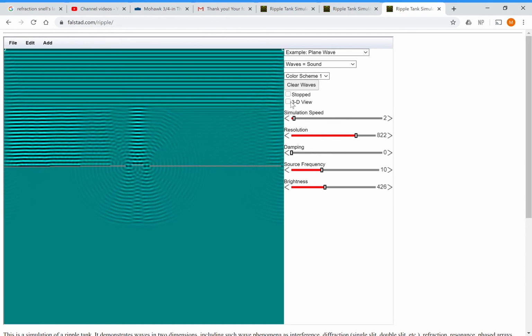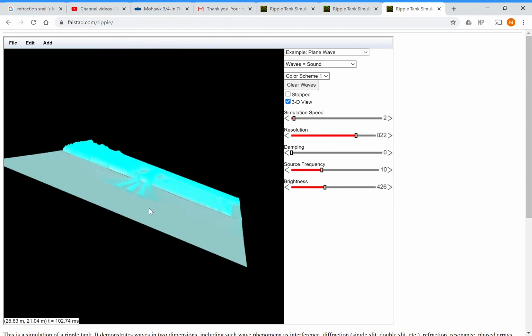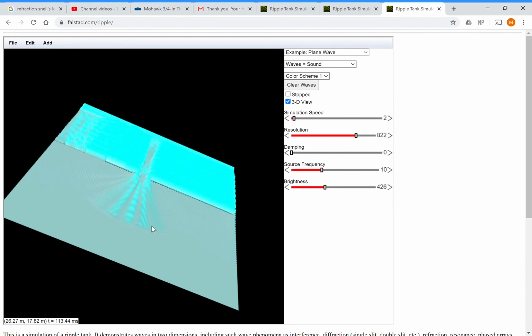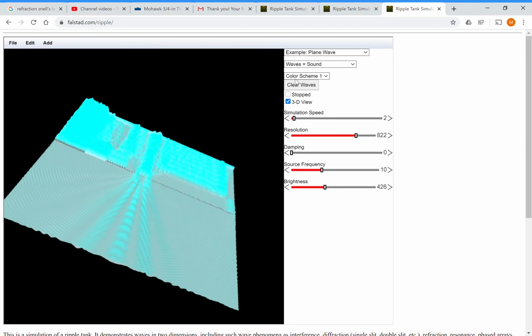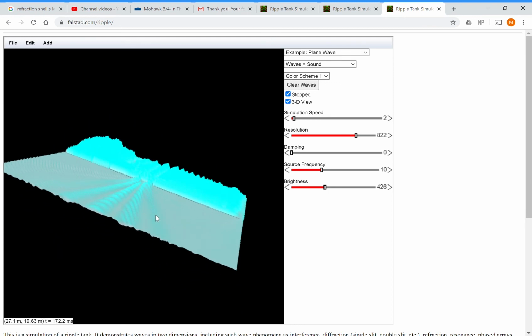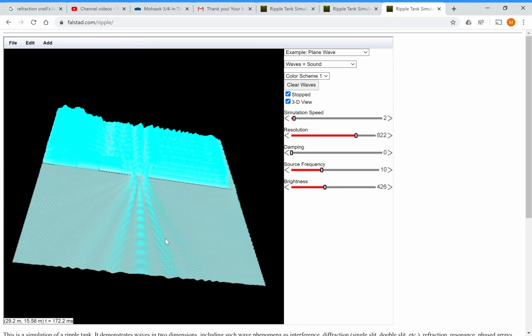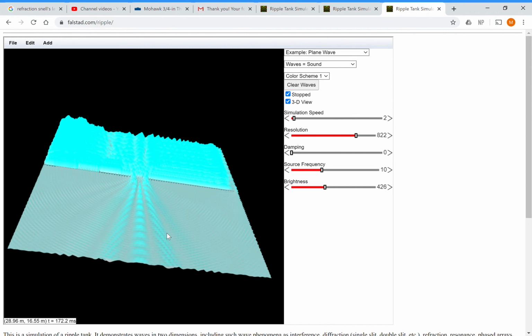If we look at the 3D view, we clearly see that interference pattern forming with the nodal lines and antinodal lines, the faded out nodal lines and the bright antinodal lines in between. I'm going to stop that there. So here we can clearly see that interference pattern. Okay, good so far, right?